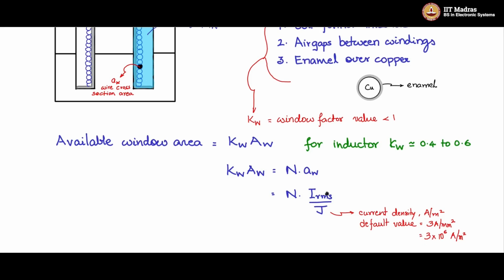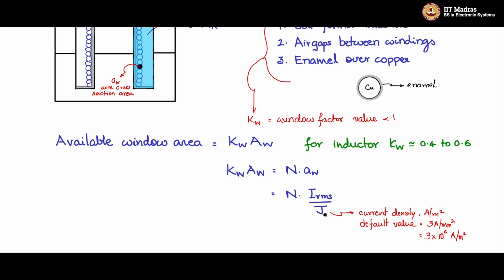So the units of Kw Aw will become meter square. This is the starting, default value.